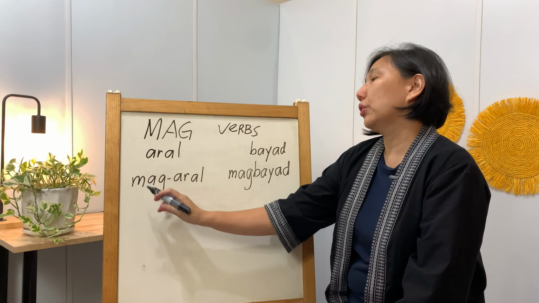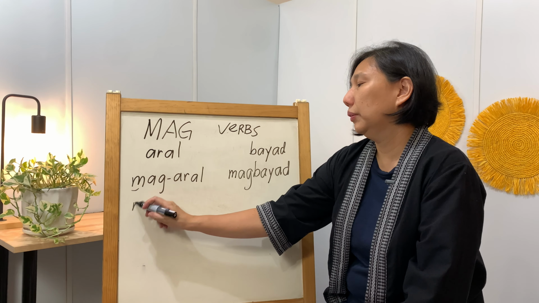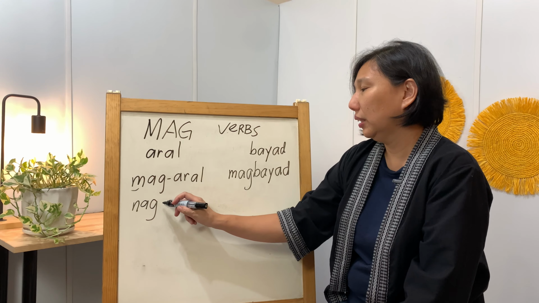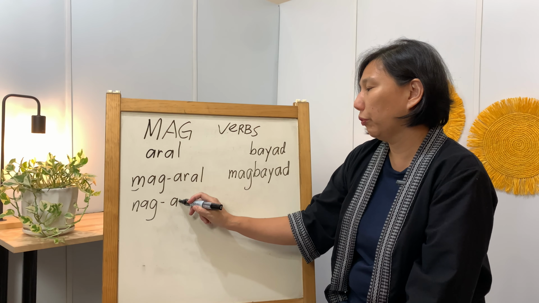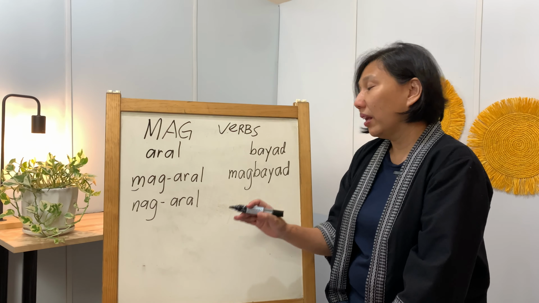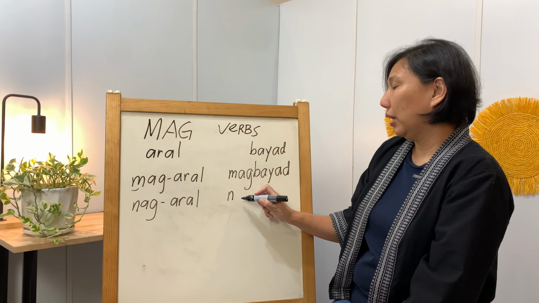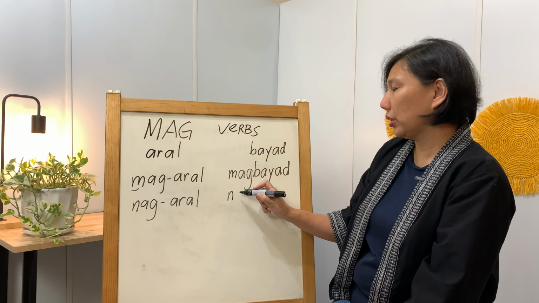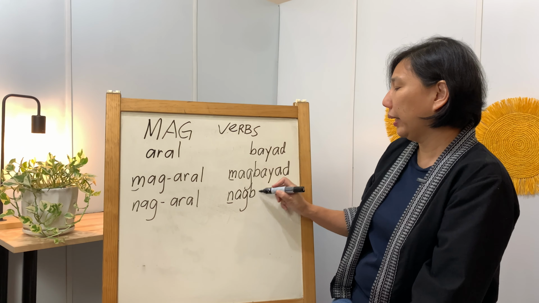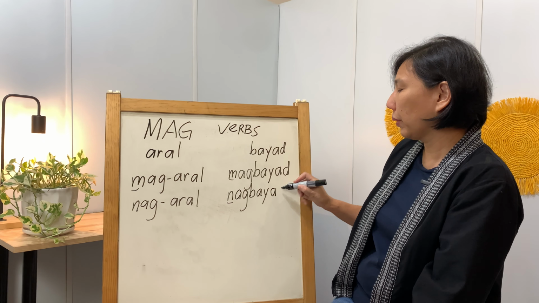Then we change the M to N. The prefix mag becomes nag, and then we attach the whole verb root: nag-aral, which means studied. And for magbayad, we changed again the M to N, and it became nagbayad, which means paid.